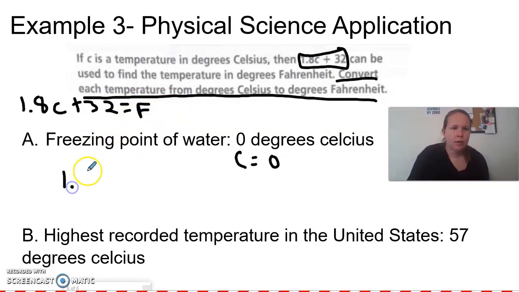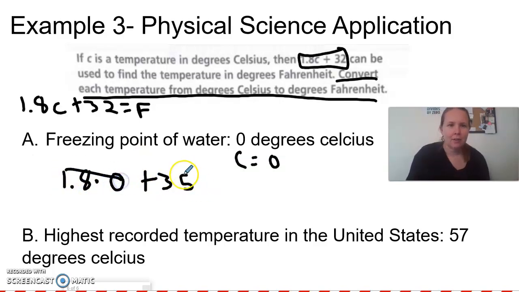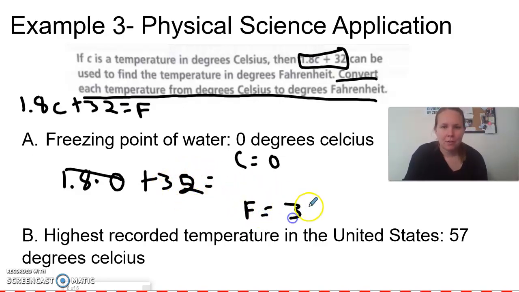So I'd have 1.8 times 0, because that's the C, plus 32. Well, anything times 0 is 0. Oops, I think I wrote out 35. 32. Anything times 0 is 0, so 32. So if I was going to find what is the Fahrenheit degrees, it's going to equal 32.